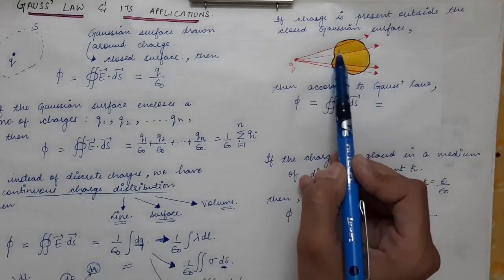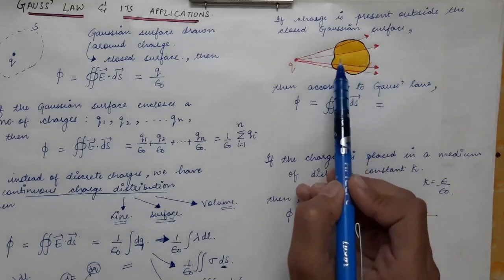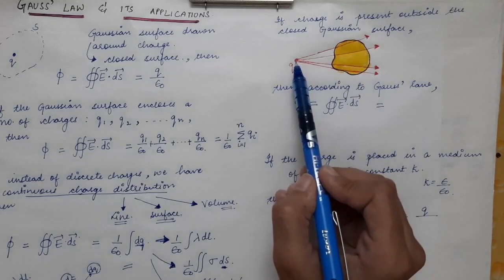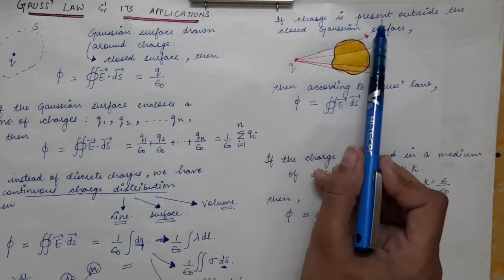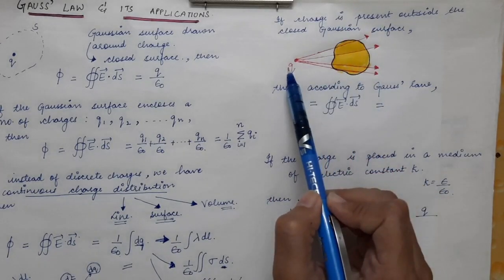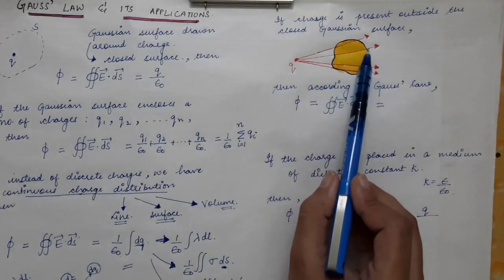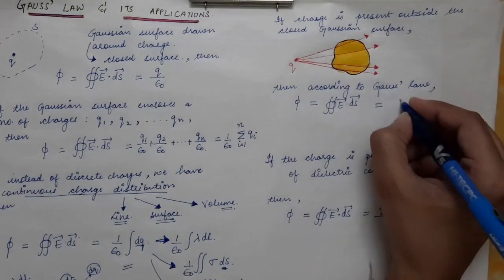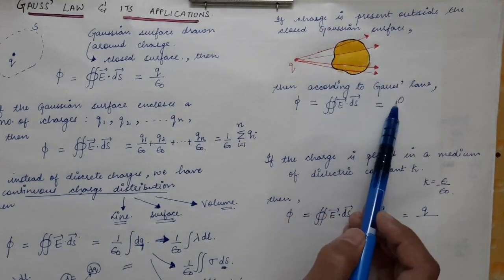Now this is the Gaussian surface, and the total charge enclosed inside it is equal to 0, because the charge is present outside. Here we are considering a special case when the charge is present outside the Gaussian surface. In that case, the flux linked with that Gaussian surface will be equal to 0, because the total charge enclosed inside it is equal to 0.